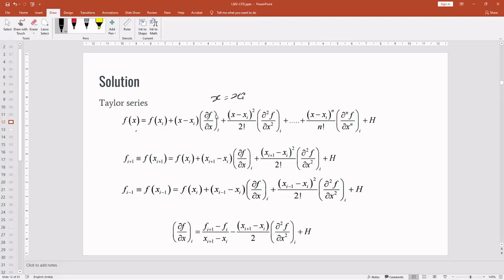Suppose we just assume one linear element, with cell points at i plus 1 and i minus 1. If I am moving forward from this point and reaching this point, then x becomes x at i plus 1.